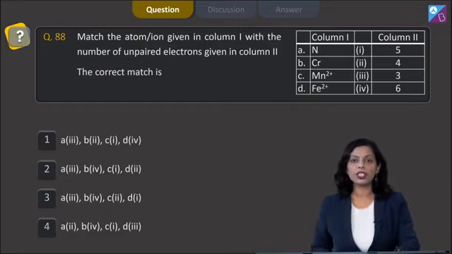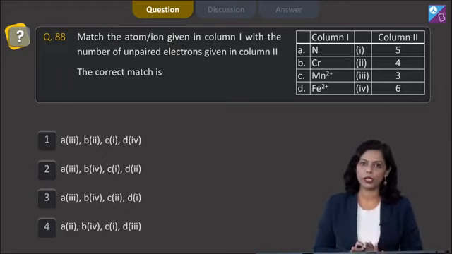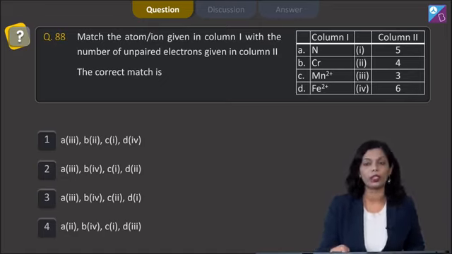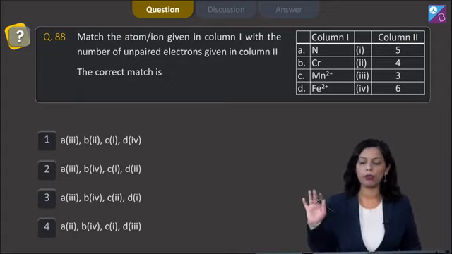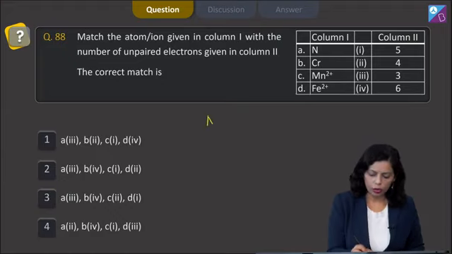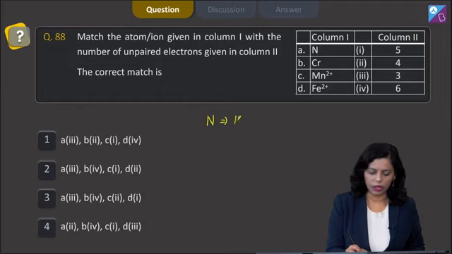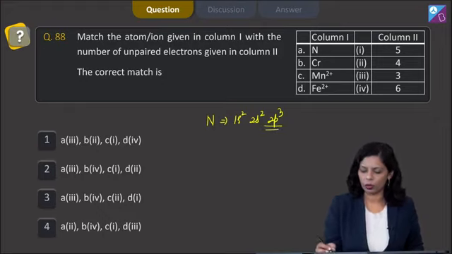Okay. Match the atom or ion given in column 1 with the number of unpaired electrons given in column 2. This is a matrix match type of question where two columns are given. Column 1 has the specific elements or ions, and column 2 has the unpaired electrons. You need to match them up. Nitrogen, atomic number 7, has the configuration 1s2, 2s2, 2p3, and all 3 electrons are unpaired, so we can match it.